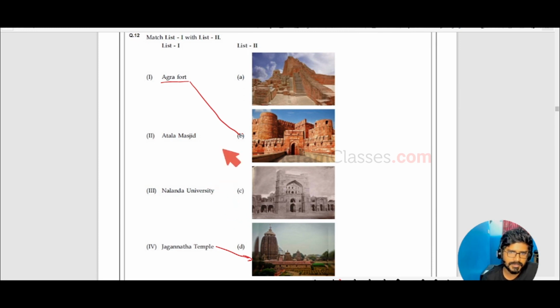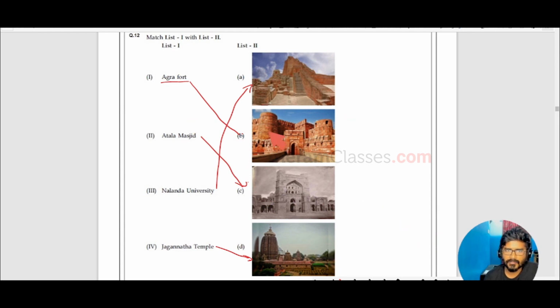Nalanda University, it's not there actually, so it's demolished now. So this will be the Nalanda University and Attala Masjid. We can see that this looks like an Islamic architecture, so we can match it with this.